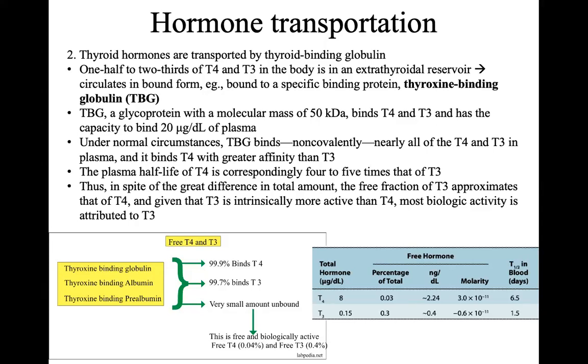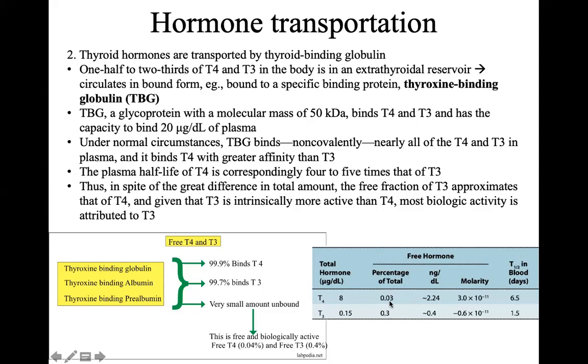On the right hand side in the table, I summarize T4 and T3 regarding their concentration. T4 inside the plasma is very high, 8 microgram per deciliter. However, the percentage of total inside the plasma for free hormone is very low, 0.03, because most are attached to the glycoprotein and the remaining are very low.